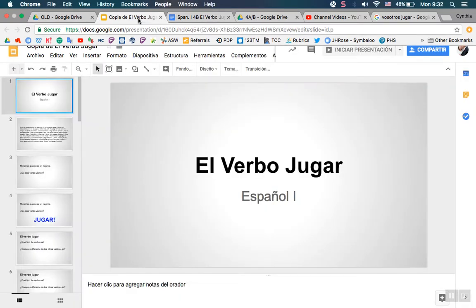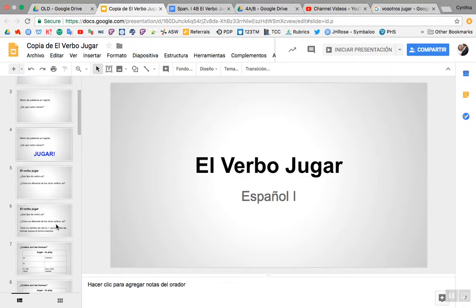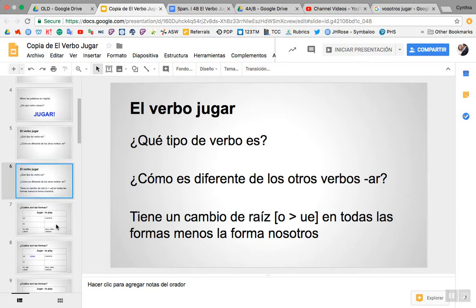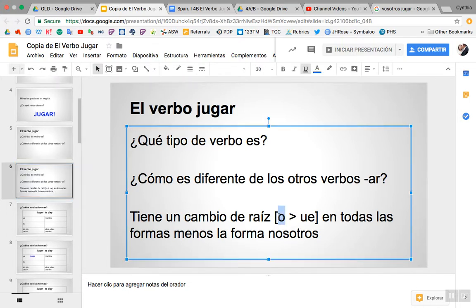All right, let's take a look at these. That should be a U. Let's see. How is this different from other verbs? Other AR verbs don't usually have the stem change, but when we do have one that's like that, we of course have to go over it in detail so you get the spelling right.